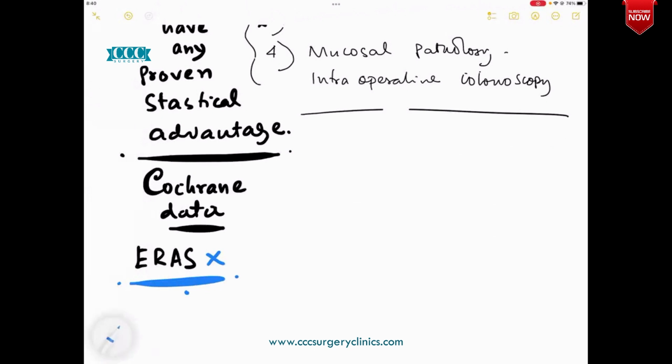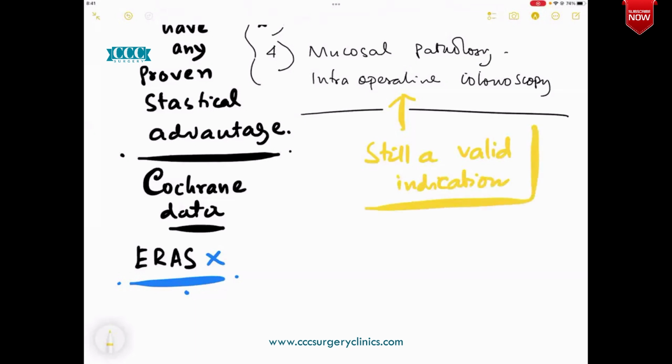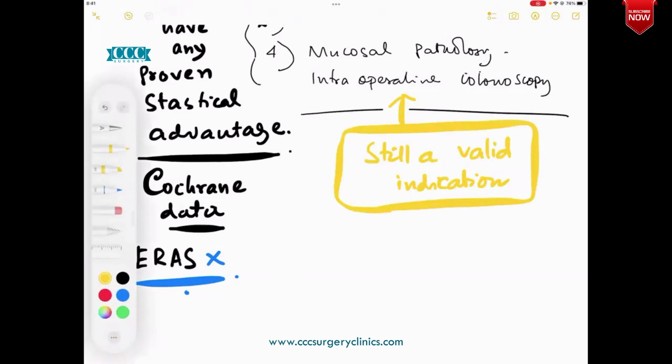But there is only one thing that has stood the test of time, that is the fourth indication. This, believe me, is still a valid indication for when to prepare the bowel: for an intraoperative colonoscopy.